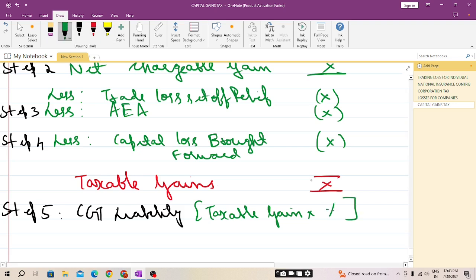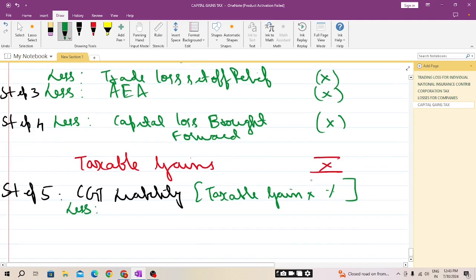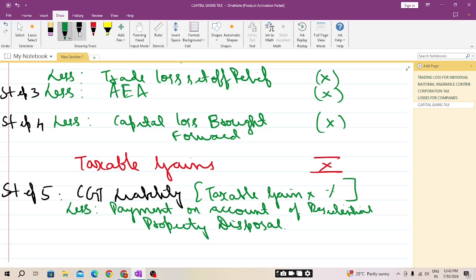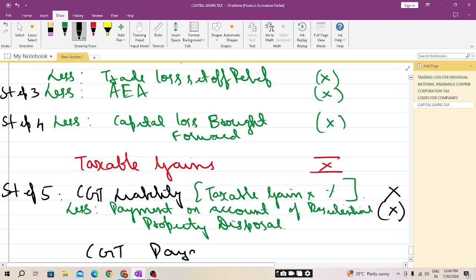Then less payment on account of residential property disposal; this will be a separate calculation, X. This will be the CGT payable.